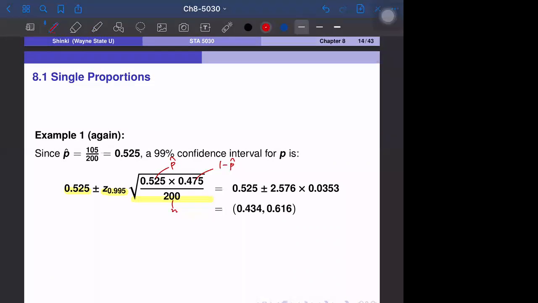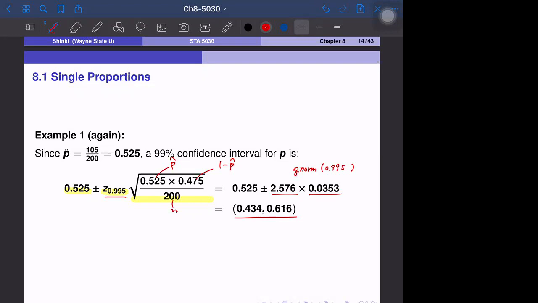And this z value is actually 2.576. If you use R, you can use the qnorm function at 99.5%. Then we can calculate the square root part, and we get 0.434 to 0.616.